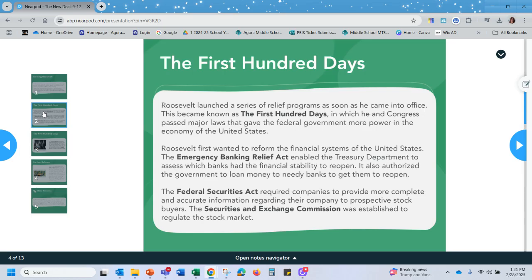The Federal Securities Act required companies to provide more complete and accurate information regarding their company to prospective stock buyers. The Securities and Exchange Commission was established to regulate the stock market.